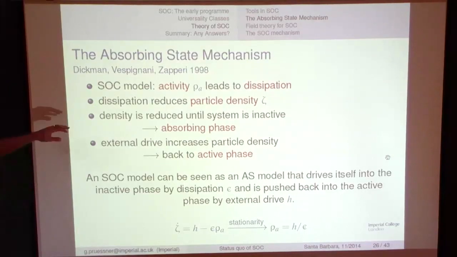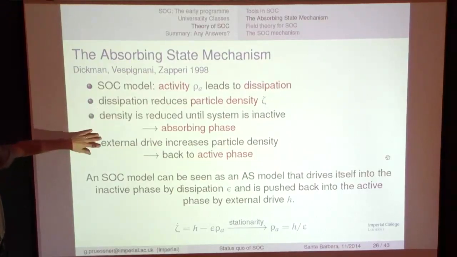The dissipation at the boundaries reduces the particle density in the system. So whenever you lose particles, obviously the particle density is reduced. And this reduction of particle density goes on until the system is inactive. When the system is dead, there is nothing going on in terms of particle reduction anymore, because there's nothing that transports particles to the boundaries.